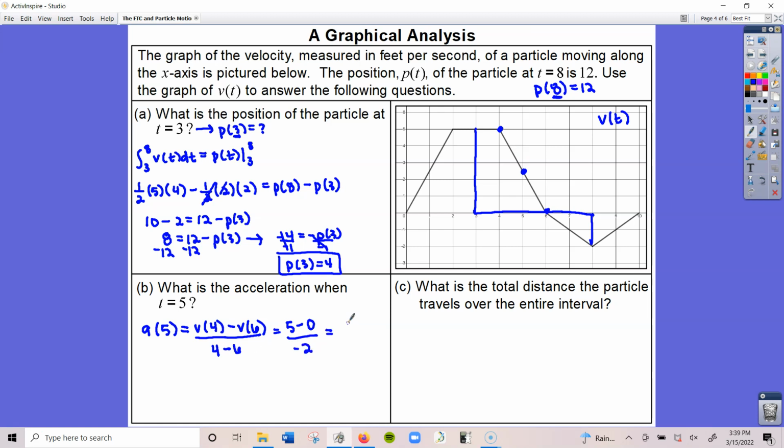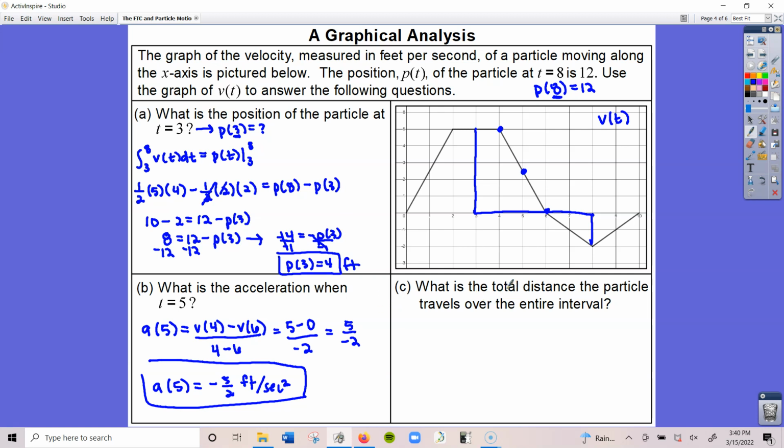And this is going to equal 5 over negative 2. So my acceleration at 5 is going to equal negative 5 over 2, and our units here would be in feet per second squared. Oh, and by the way, here my position would be 4 feet.